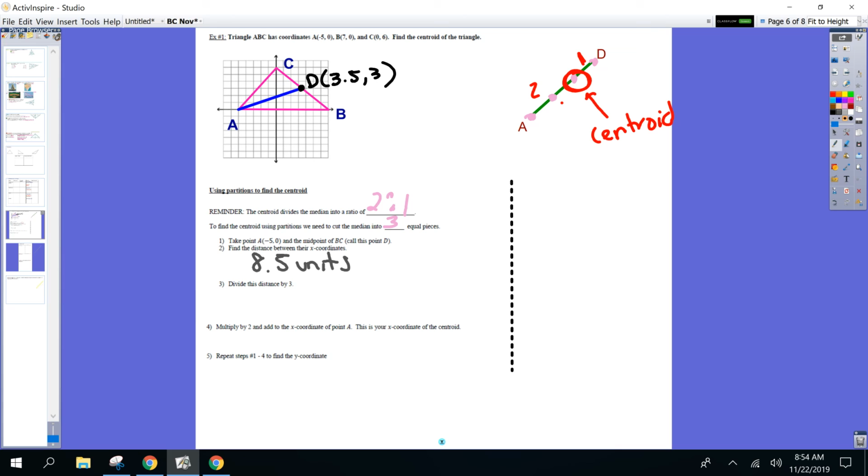And you guys told me, how many equal pieces do we have to break this segment up into? 3. So guess what? We're going to take that x-axis distance and break it up into 3 equal parts.